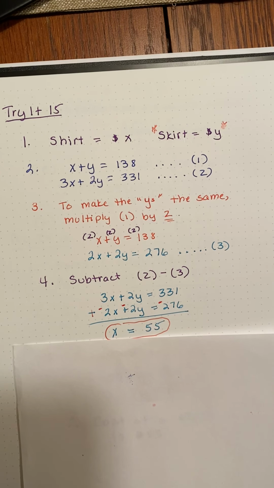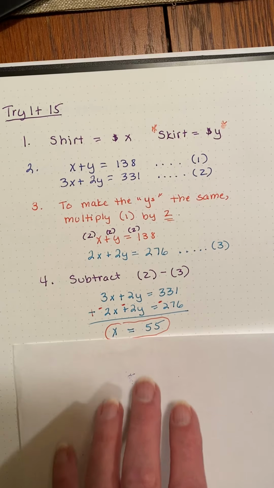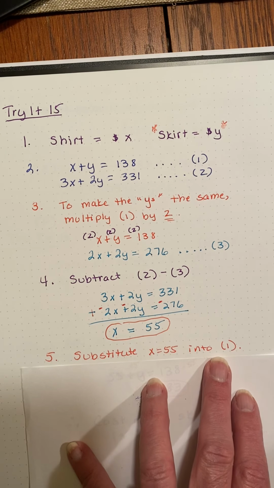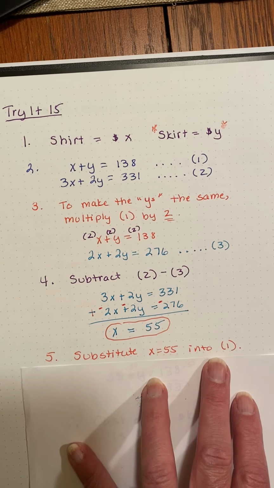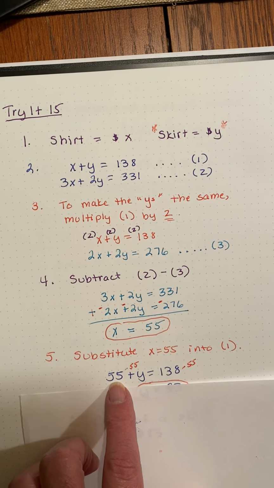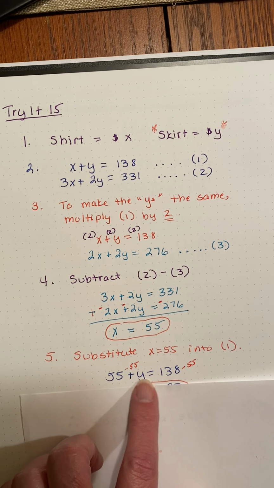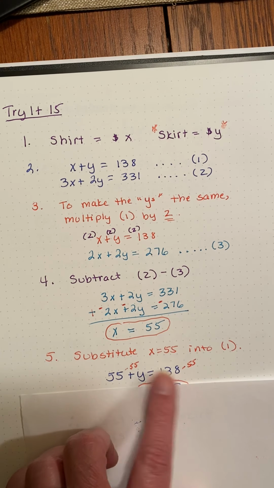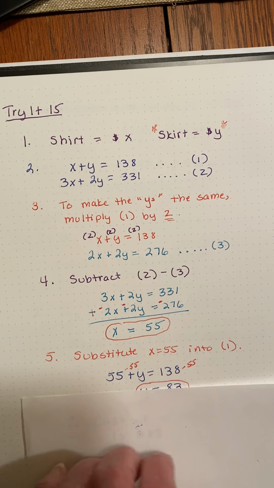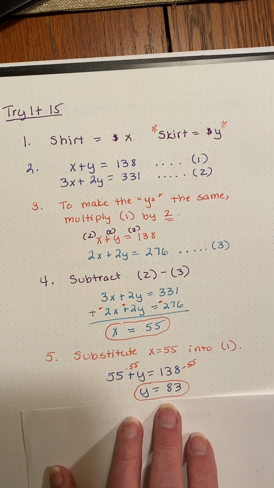So x is 55. I'm going to take that x and substitute it back into equation 1. So I'm going to end up with 55 in x's position plus y equals 138. Evening out the sides, I subtract 55 from both sides, and y will equal 83.